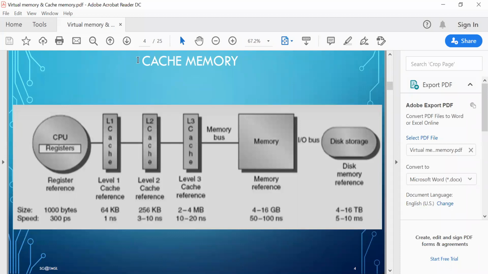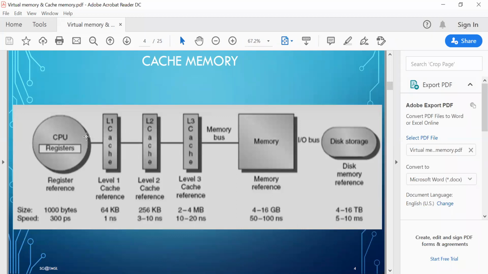Here is your CPU, where the internal registers are. Internal registers are memories actually, because registers also store certain data bytes, so both have the same function. These are internal, and the RAM and ROM, the main memory, are external to the processor.